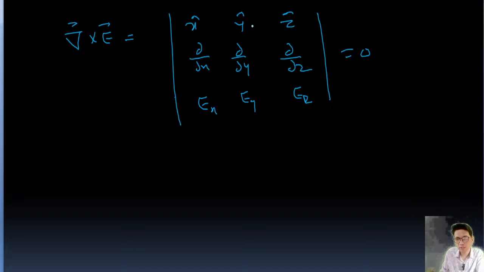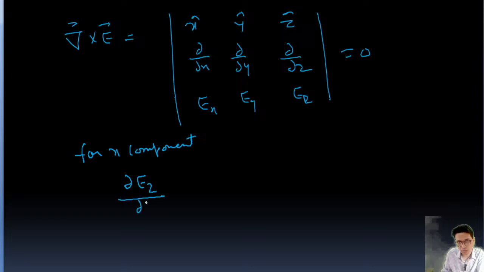The x component means this row and this row: del Ez upon del y minus del Ey upon del z.